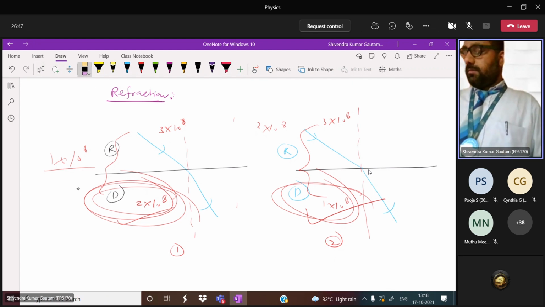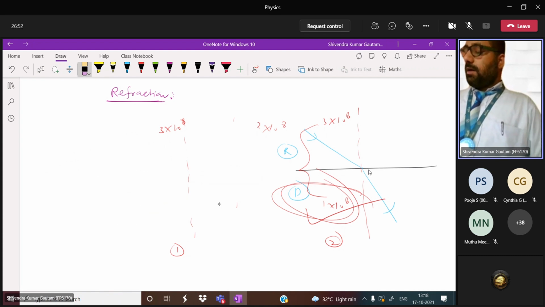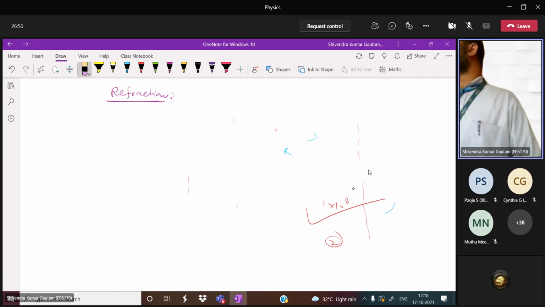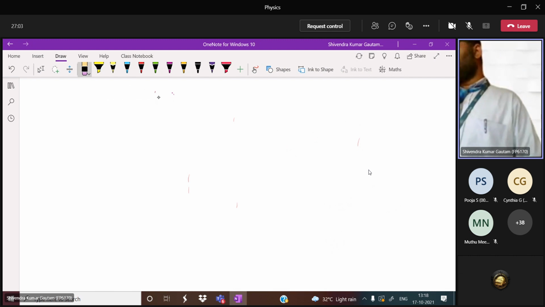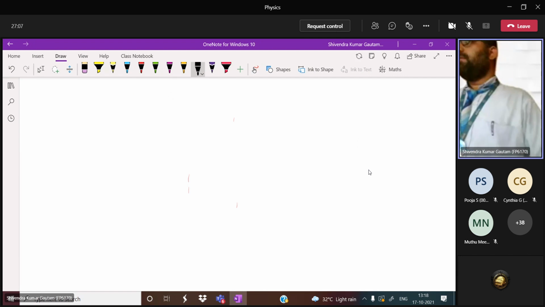Next point. Now you know, if you have studied, if a ray goes from rarer to denser, what will happen here? If a ray goes from rarer to denser, it bends towards the normal. Now we'll see it with the diagram. See everyone.